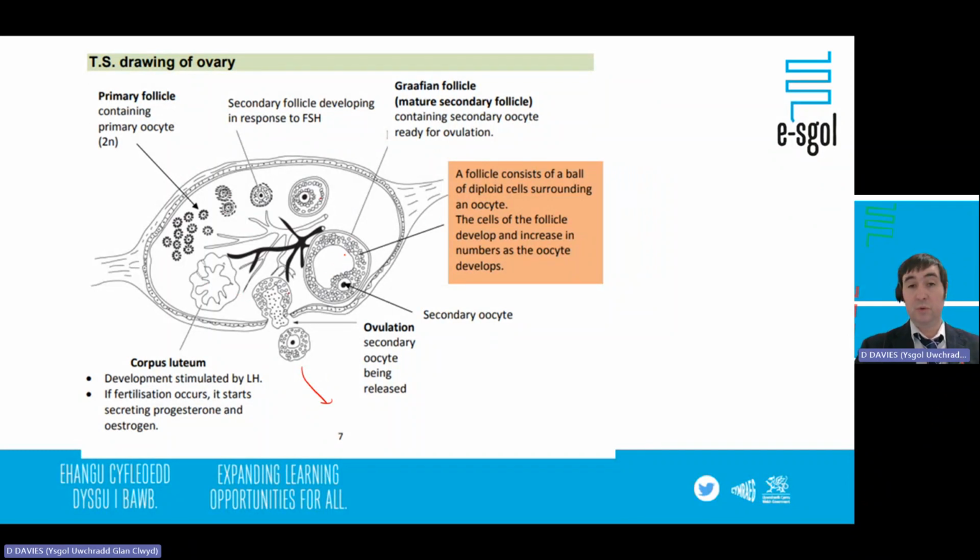Sometimes two secondary oocytes or two Graafian follicles ovulate at the same time. That's where you get non-identical twins: two different secondary oocytes being released and fertilized separately.